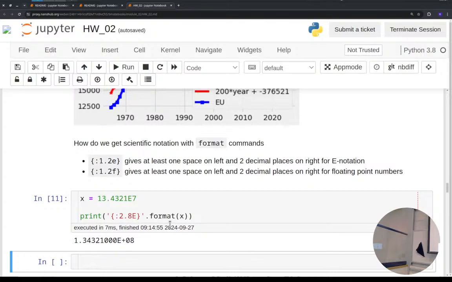It's just printed. There it is. When you have a dot format.